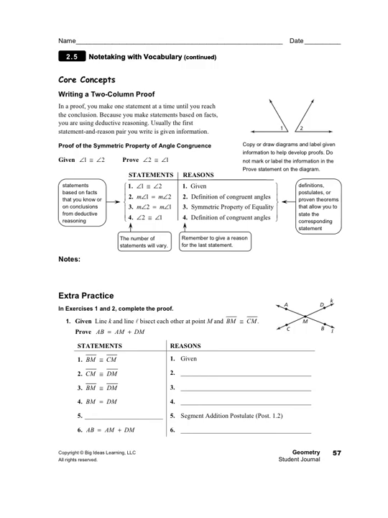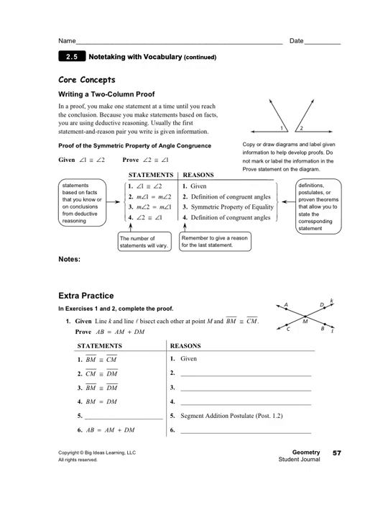From there, if the measure of angle 1 is equal to the measure of angle 2, then you can say that the measure of angle 2 is equal to the measure of angle 1 based off of the symmetric property of equality. And then we know that if the measurements are equal, we can go back to saying that the angles are congruent.